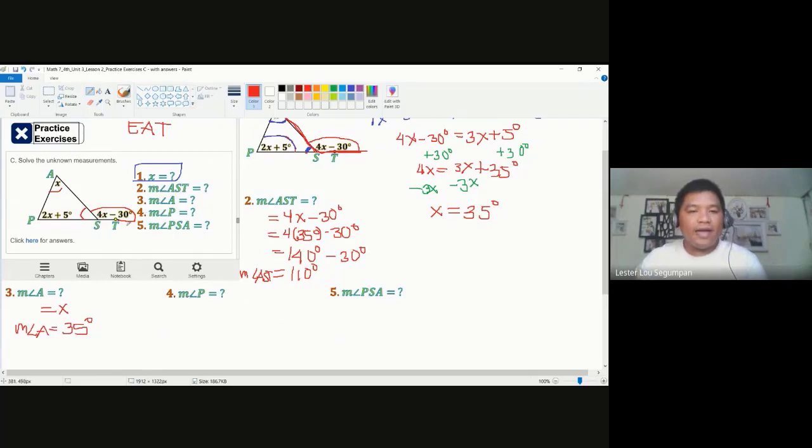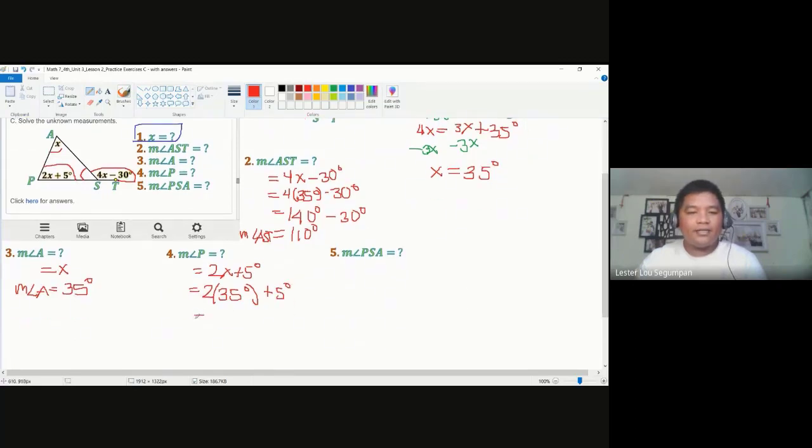The measurement of angle P is given to be 2x plus 5 degrees. As we substitute the value for x, that's 2 times 35 degrees plus 5 degrees. 2 times 35 degrees is 70 degrees plus 5. The measurement of angle P is equal to 75 degrees.